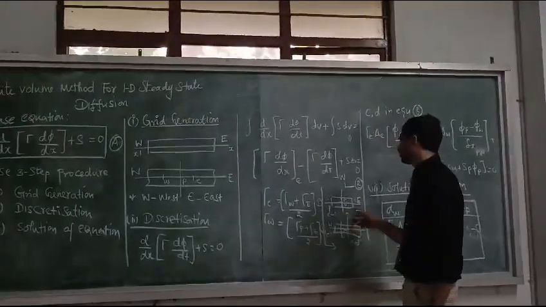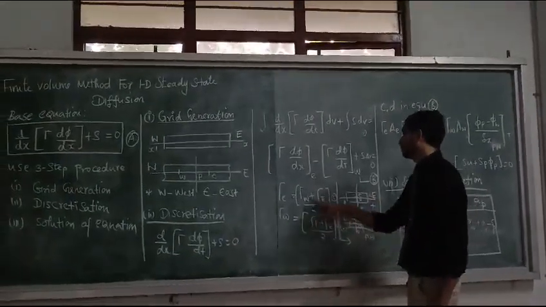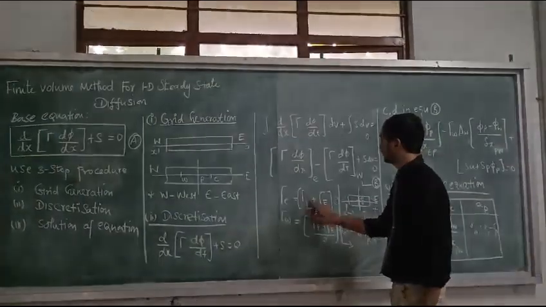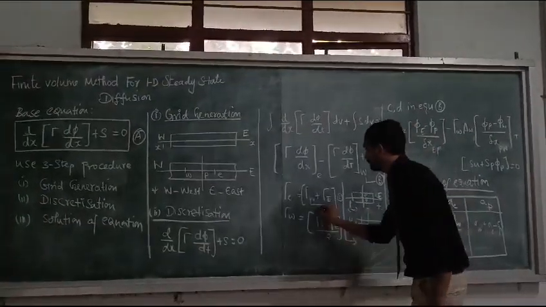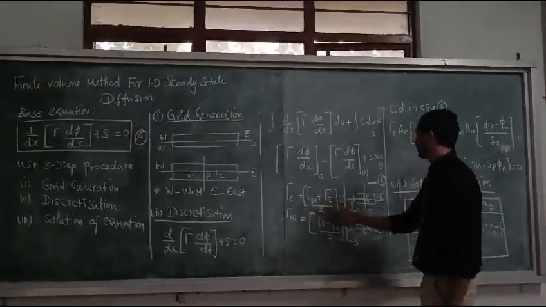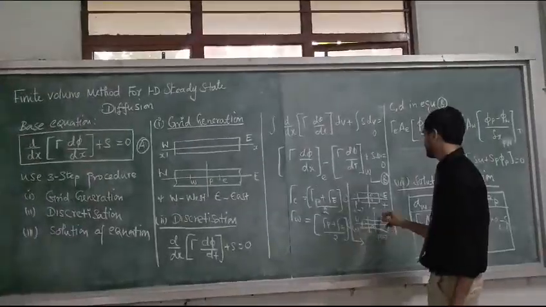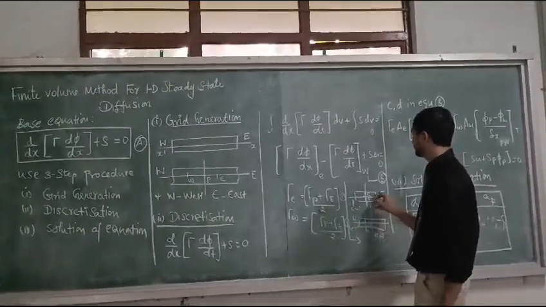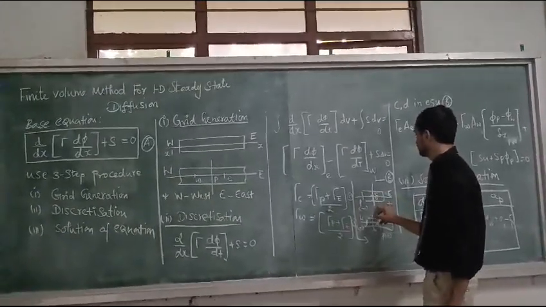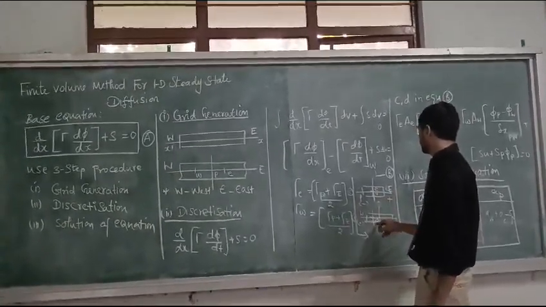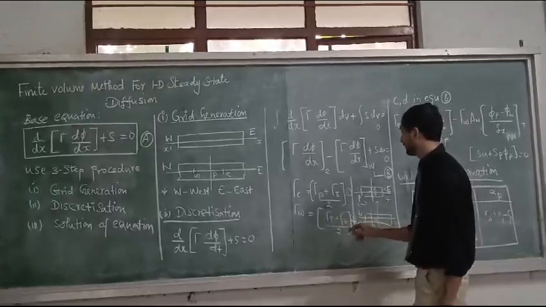The value at the east face is phi P plus phi E divided by 2, so we add both and divide by 2.